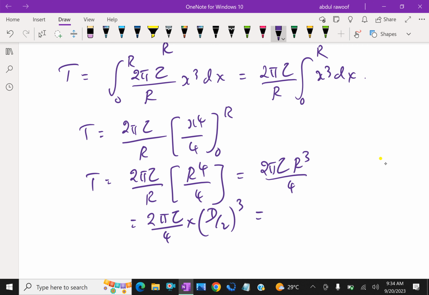The 4 and 2 cancel to 2, then 2 cube is 8, 8 into 2 is 16.